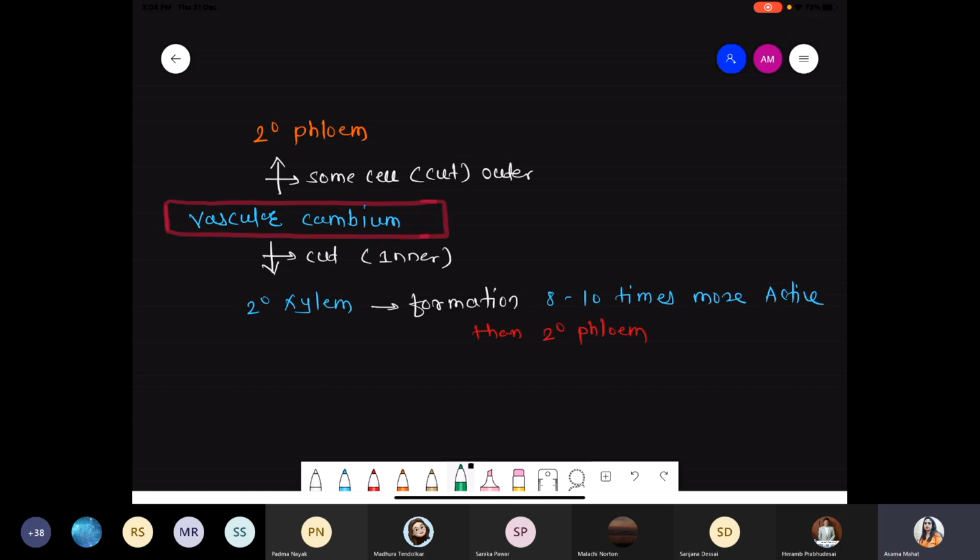Question: how many times? 8 to 10 times. For example, if one cell of secondary phloem gets formed, approximately 10 cells of secondary xylem get formed.